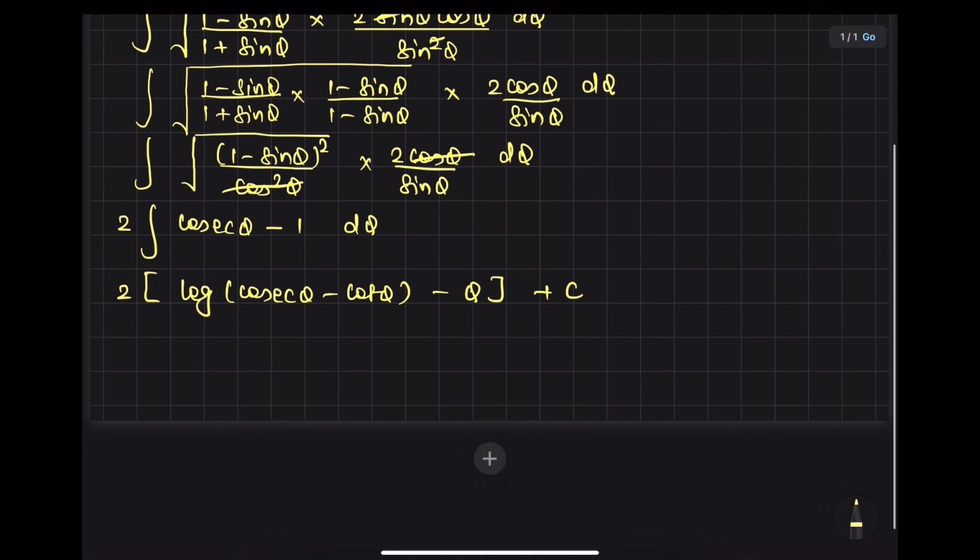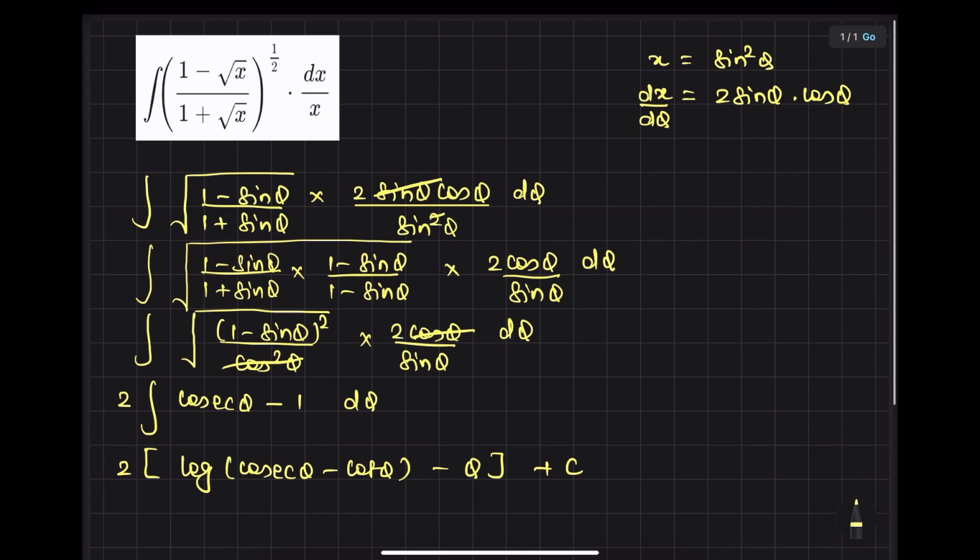Okay, now you know that they have asked the question in terms of x, not in theta. So you have to replace theta, means you will be using this thing. So it is sin inverse root x.